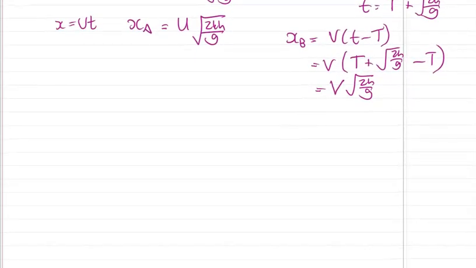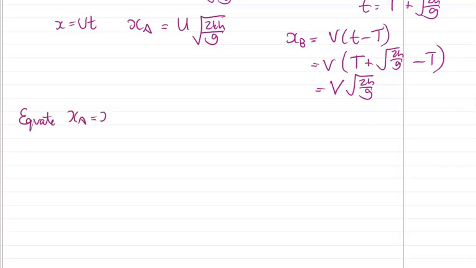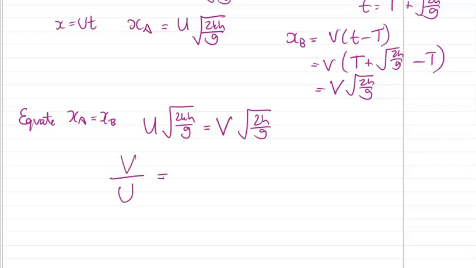So equate xa equals xb. So we know that u root 2kh on g equals v root 2h on g. So v over u, which is what we're interested in, equals root 2kh on g over root 2h on g.